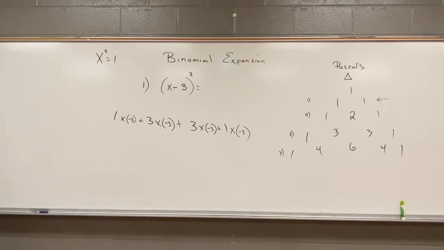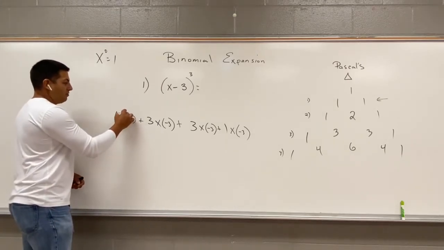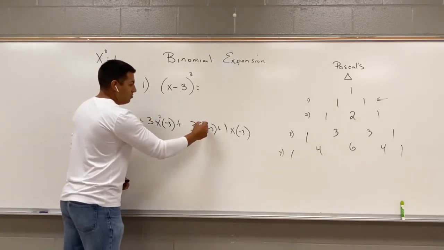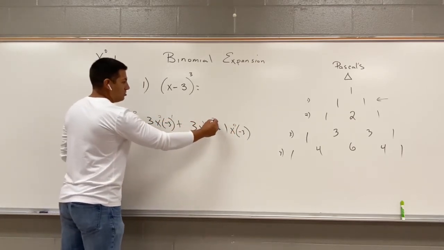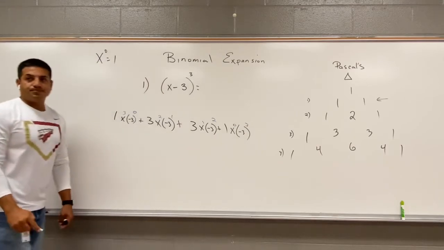It's not just a bunch of numbers pushed together. All right, so now nothing's different because we have a negative. We're still going to do our exponents from 3, 2, 1, 0, and then from 0, 1, 2, and 3.